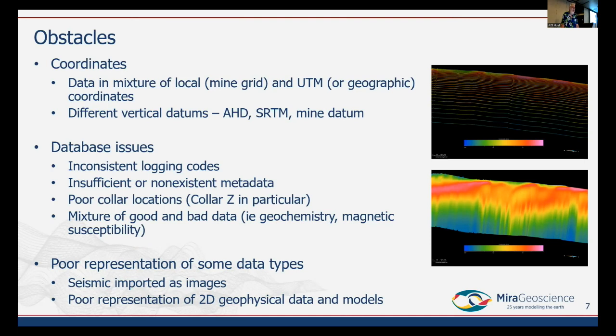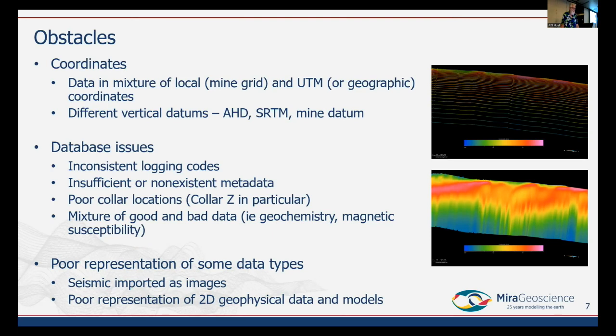So sorting out the coordinates is a big thing. Again, I had a client where they had to bring a guy out of retirement to tell them what the local to UTM transformation was from their local grid to actual UTM coordinates, so we could register some of the data that they had.